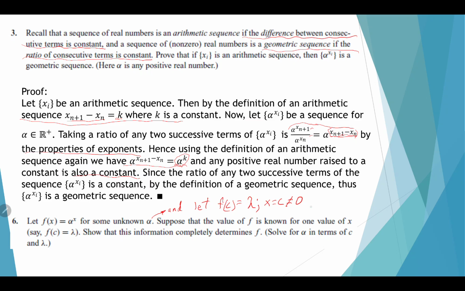That's not even fair, right? Okay, so what does that tell me? Well, x is c, so alpha to the power of c is going to equal lambda.